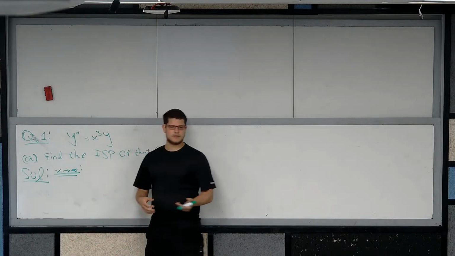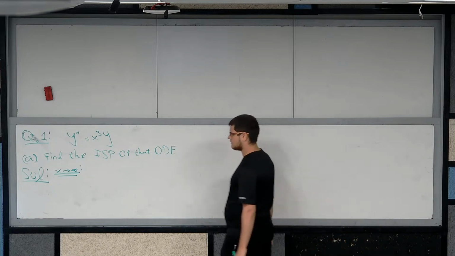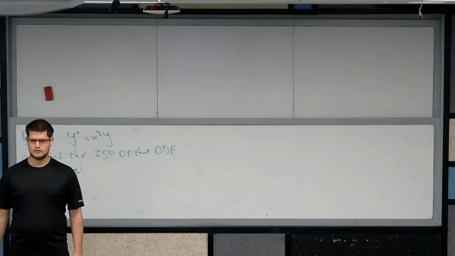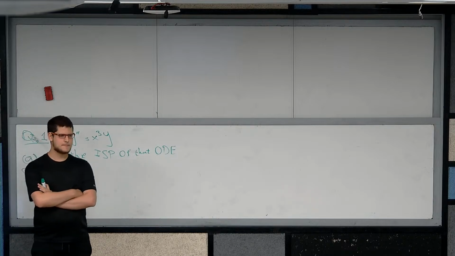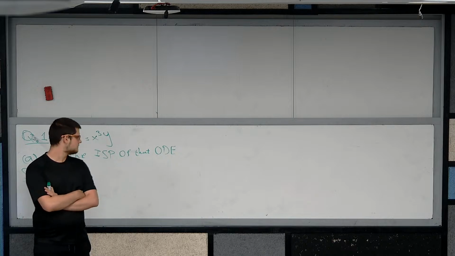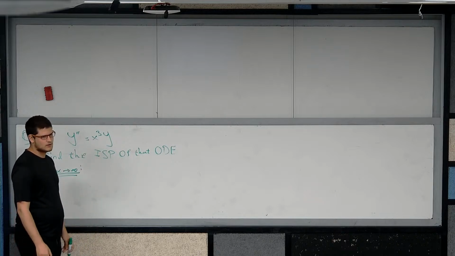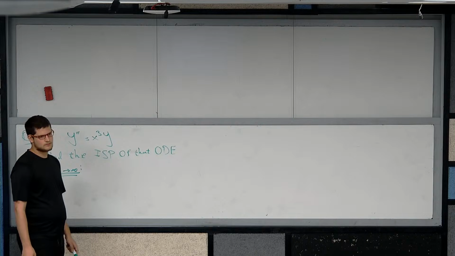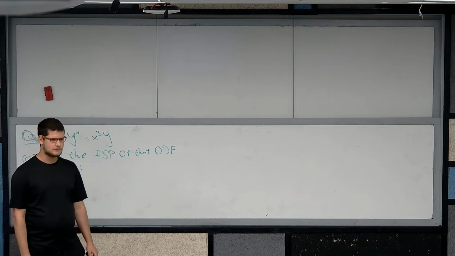So what is the first thing that we need to do to see that x approaching infinity is an irregular singular point? Calculate the limit of x squared times q of x.